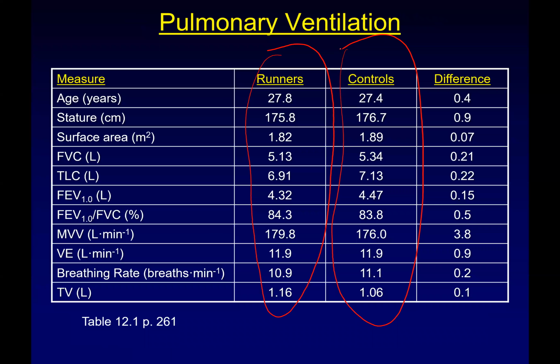And what you see is that basically lots of aerobic training does not change pulmonary function, okay? Your total ventilation is going to be basically the same, right? Your total surface area in your lungs, basically the same. Tidal volume, the same. Breathing rate, the same. There's essentially no differences.